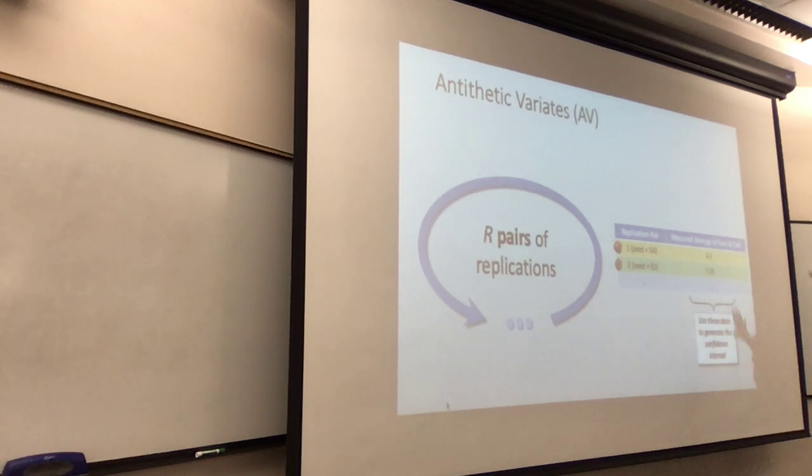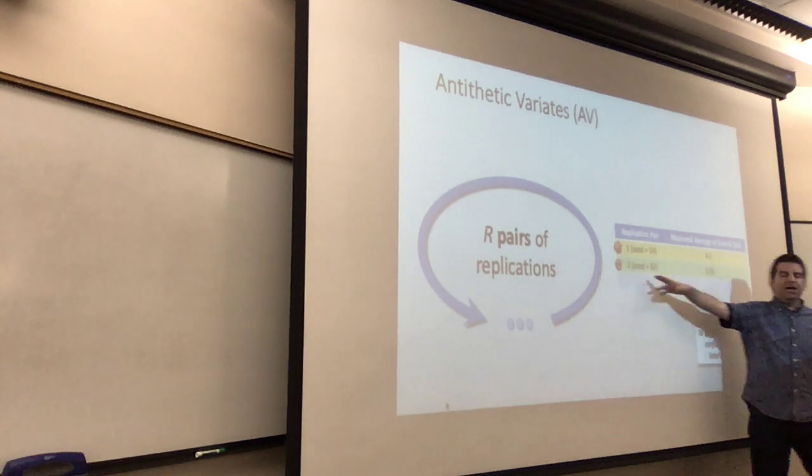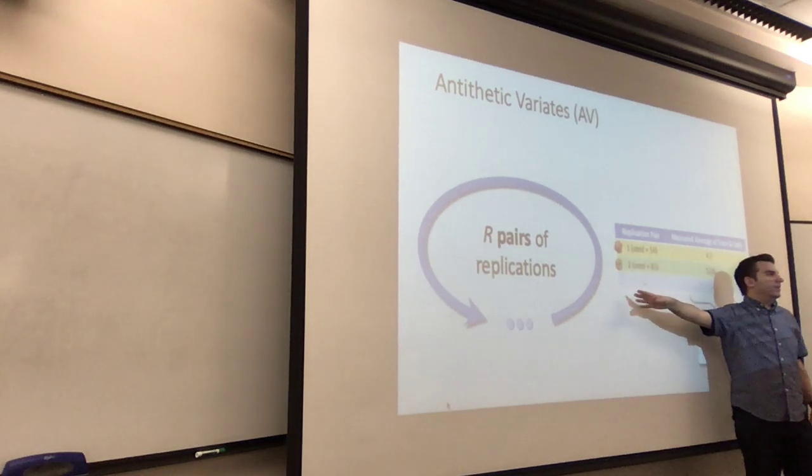But if 5 minutes is in this confidence interval and the confidence interval is small, then I've got pretty high confidence that this model is a good replica of the real world system.